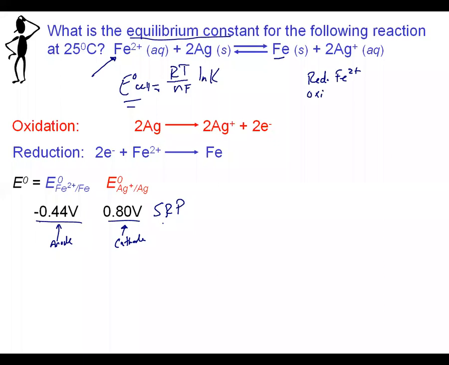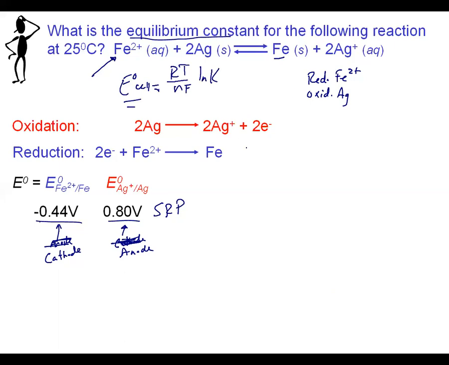So what that actually does mean is, like we see above, our cathode in this case is actually the iron, and our anode is actually the silver. So again, very important if you're given an equation to actually look at it and see what is happening in terms of who's being oxidized and who is being reduced.